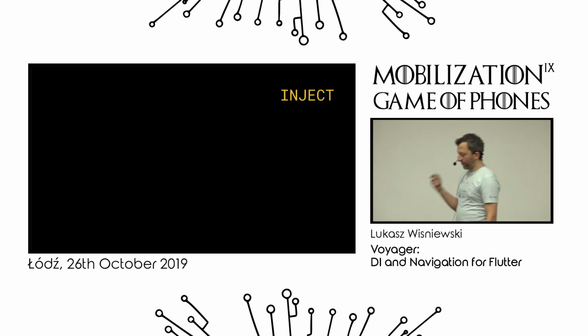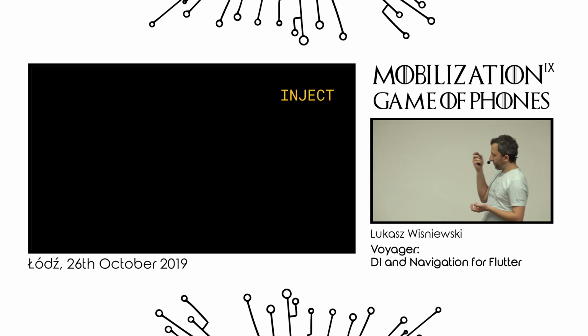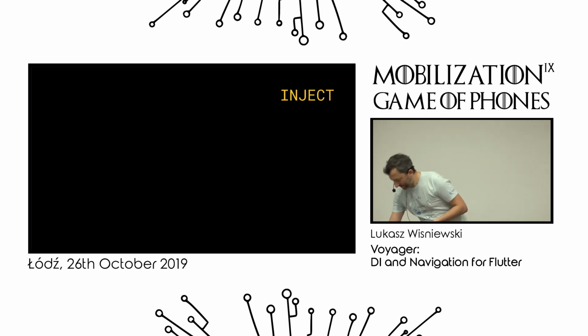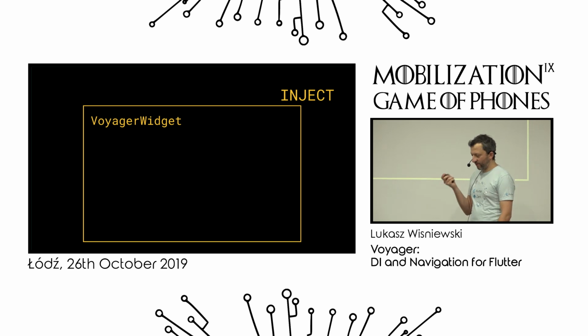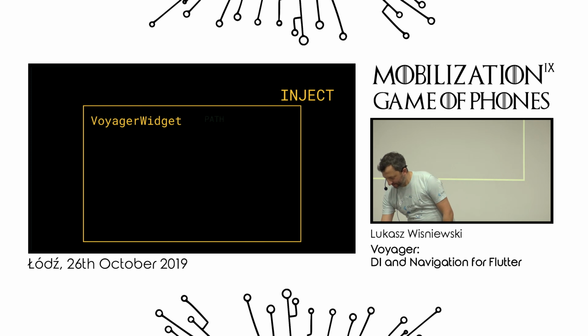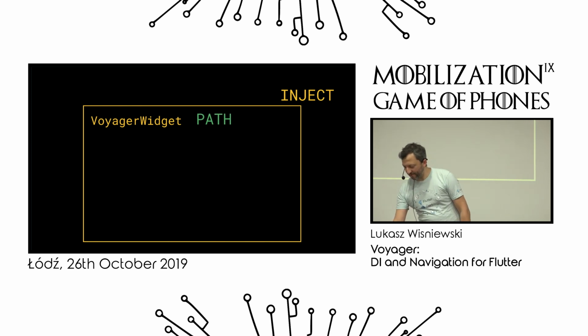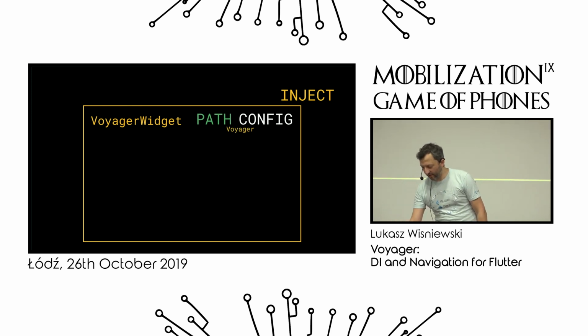Speaking about dependency injection, what Voyager does internally is use provider. So you have the Voyager widget, you provide it with a path, and you give it a config.